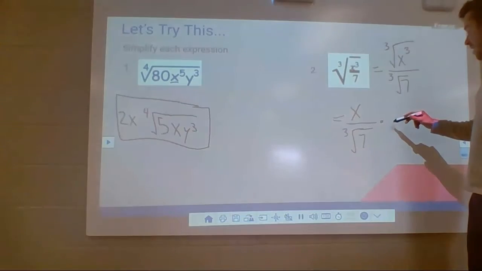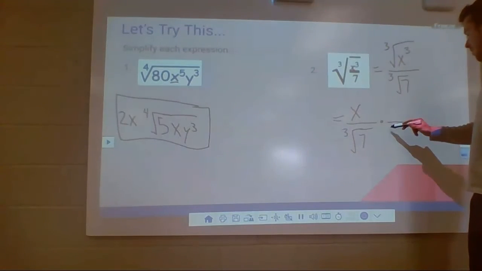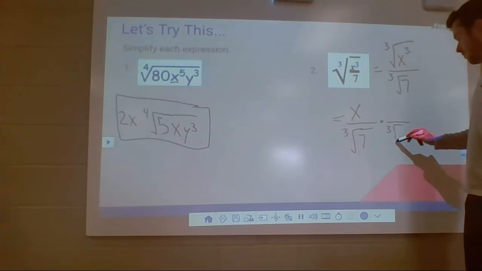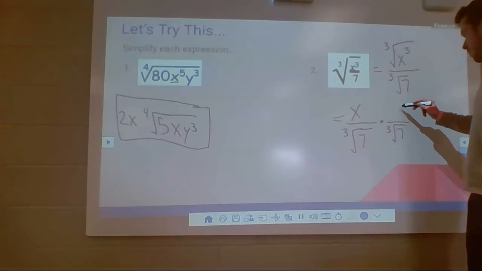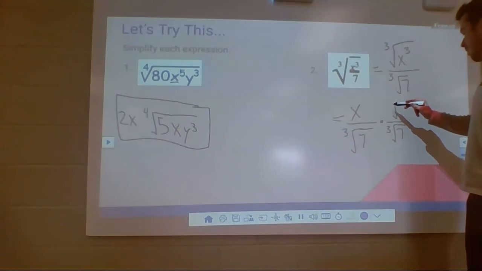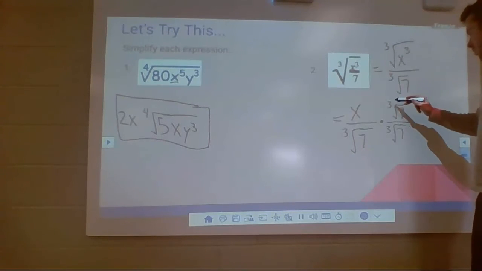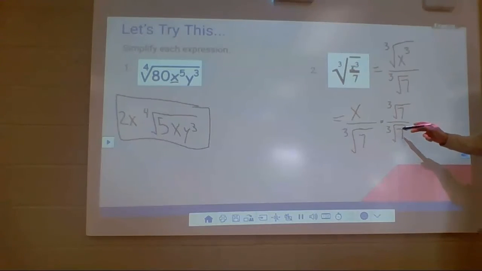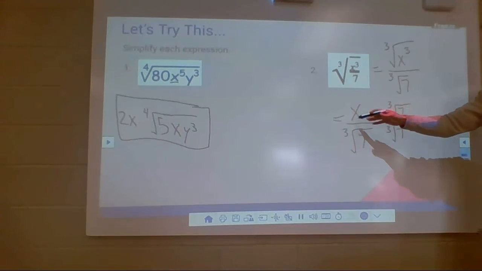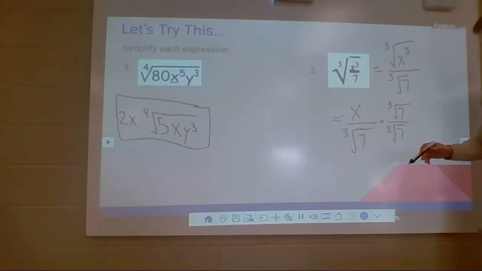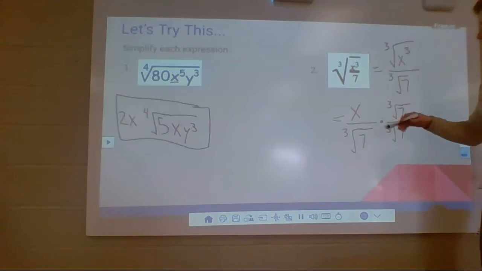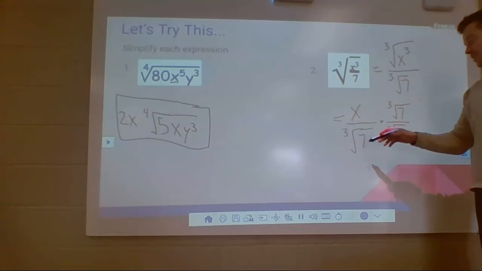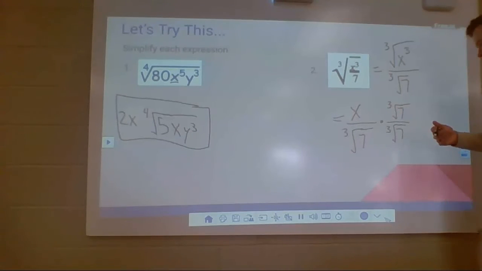To rationalize this, I need to multiply by the cube root of 7 to the denominator and the numerator, okay? Now the cube root of 7 divided by the cube root of 7, remember that's just 1. Anything divided by itself is 1. So we're not changing the actual value of this expression, we're just changing its form.